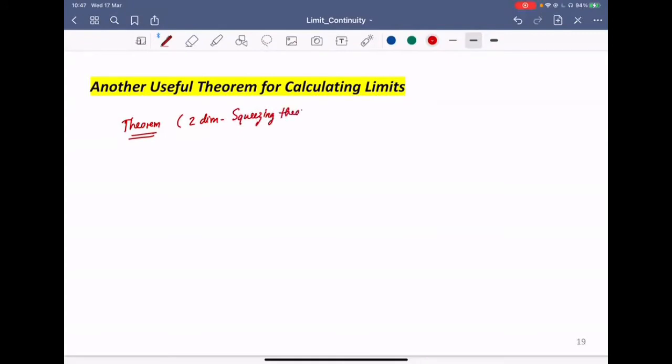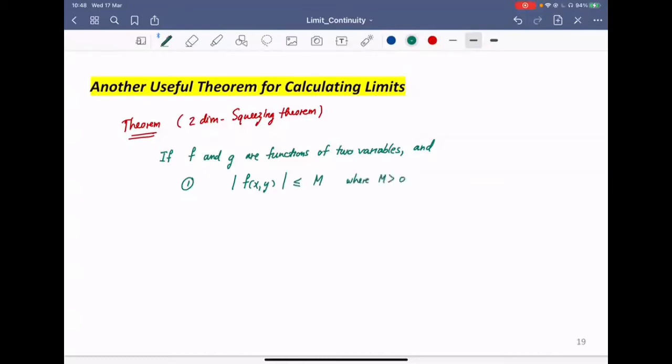All right, let's see how it works. For the two-dimensional squeezing theorem, suppose f and g are functions of two variables, and you have two conditions. Number one, f(x, y), when you take the absolute value, is bounded by a number M, where M is greater than 0.